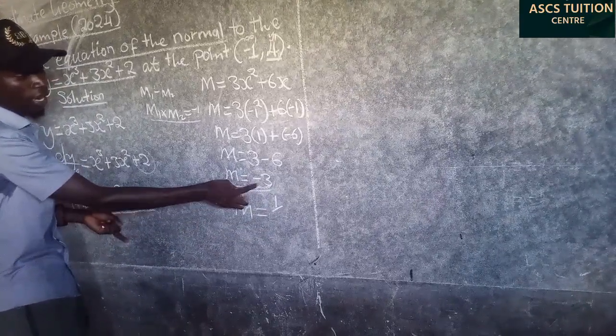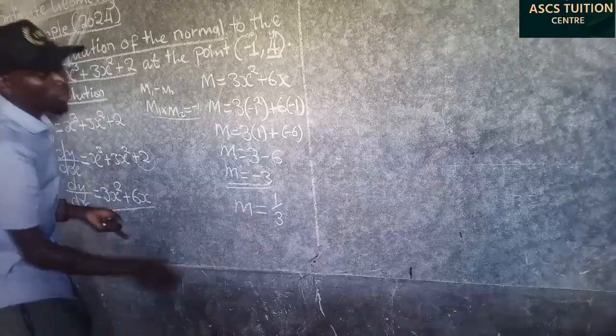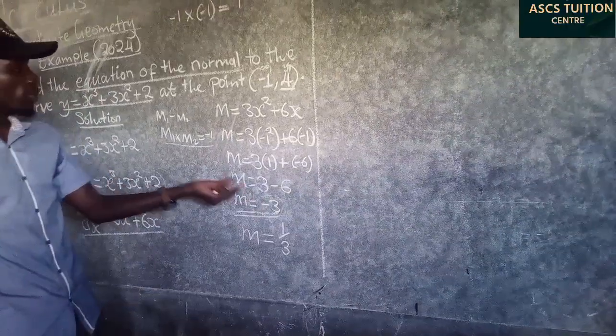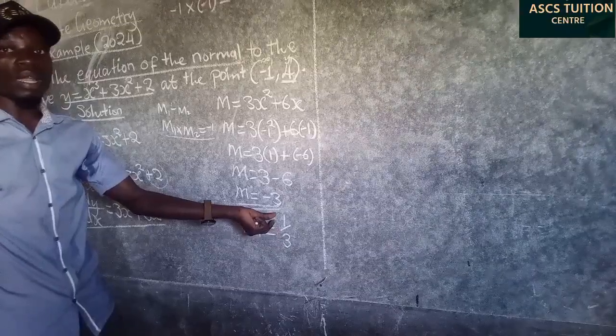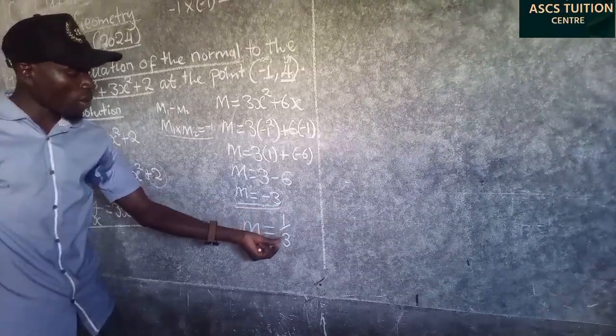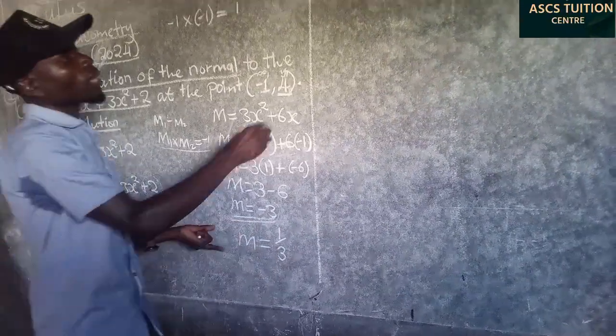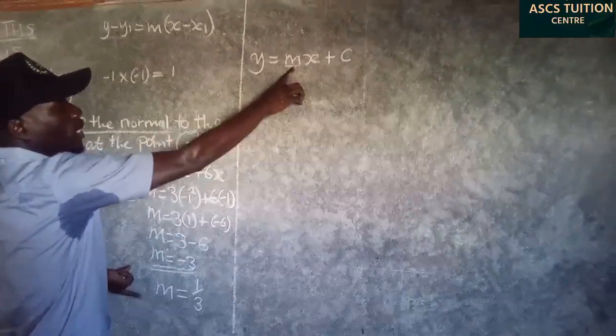It will change the sign into a positive because it has a negative and this one has a negative. So we will have a positive 1/3. And so that's what we are going to replace on gradient.